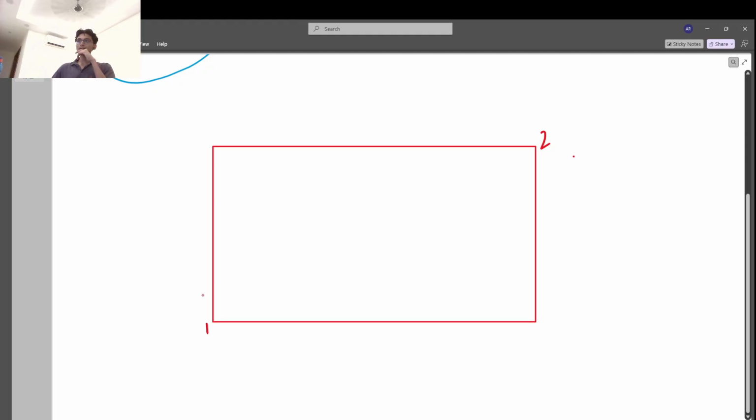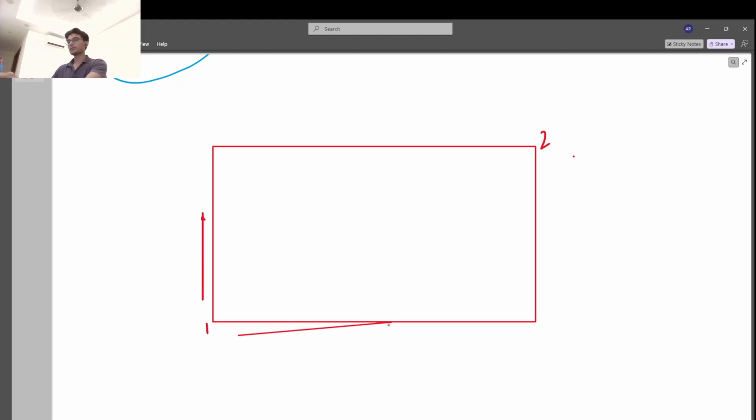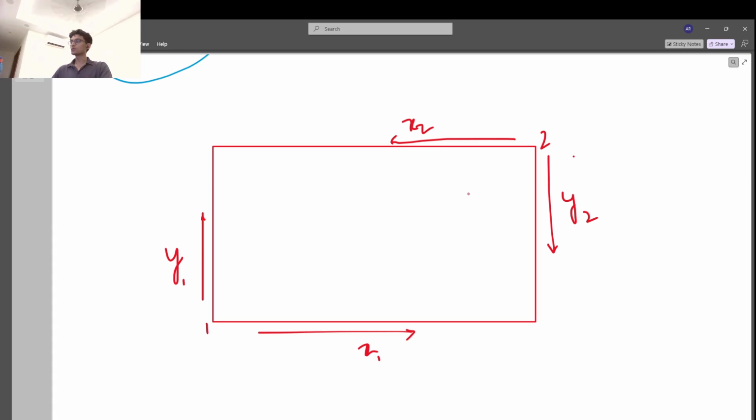Let this side show the amount of x, and this side shows the amount of y of individual one. Similarly, this side shows x for individual two, and this side shows y for individual two.